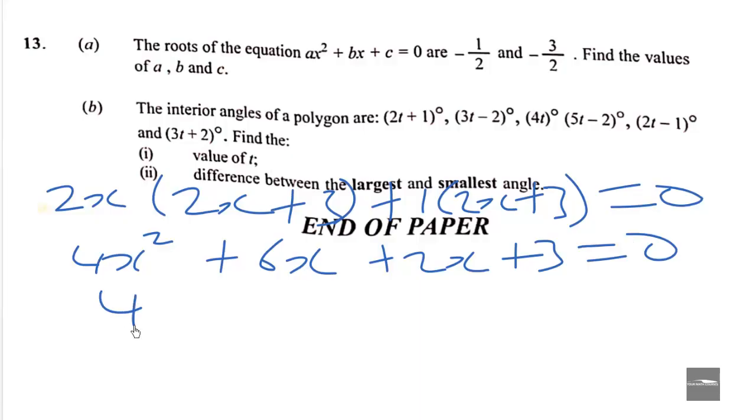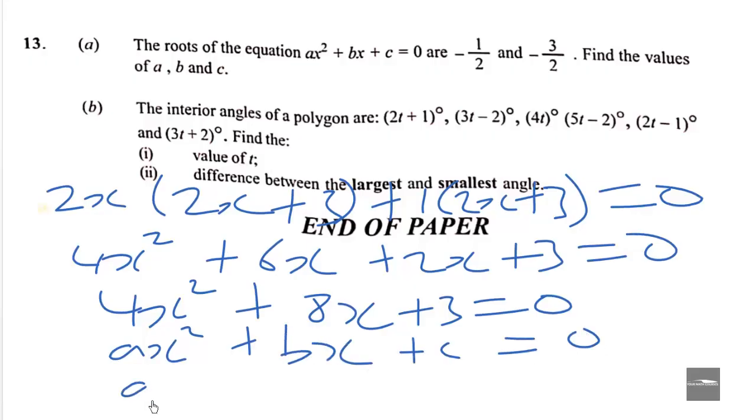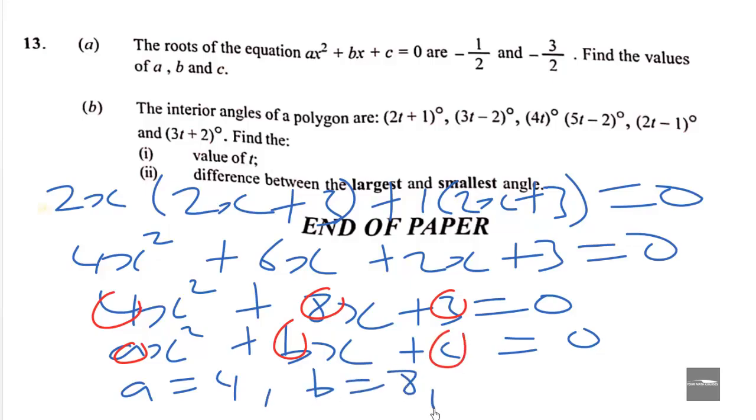So the equation becomes 4x squared plus 8x plus 3 equals 0. By comparing with ax squared plus bx plus c equals 0, we have a equal to 4, b equal to 8, and c equal to 3.